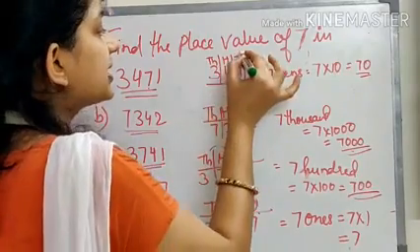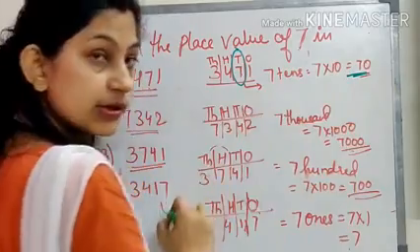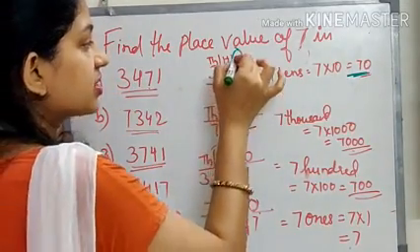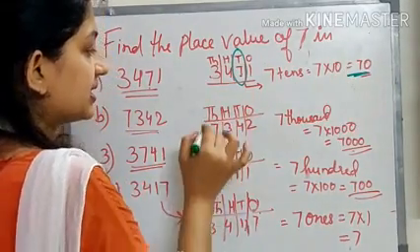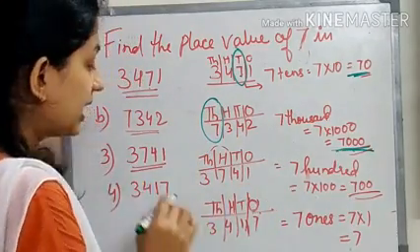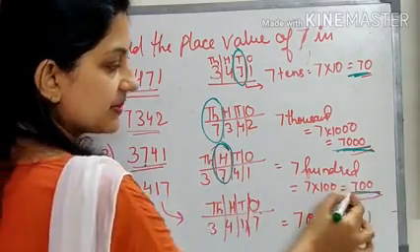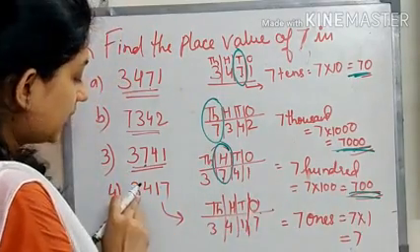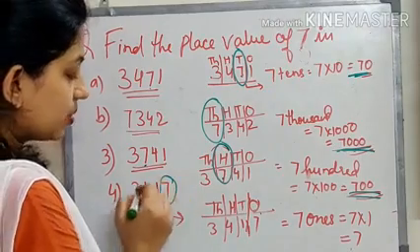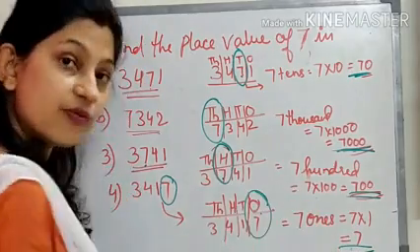Every time the position of 7 is changing, its value is also changing. Here 7 was placed in tens, so it becomes 7 tens. Here placed in thousands, so it becomes 7,000. Here 7 is placed in the hundreds place, so it becomes 700. Here it is placed in the ones position, so it becomes 7.